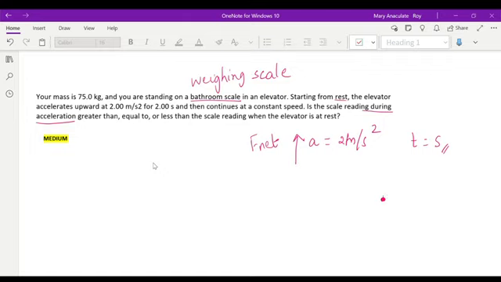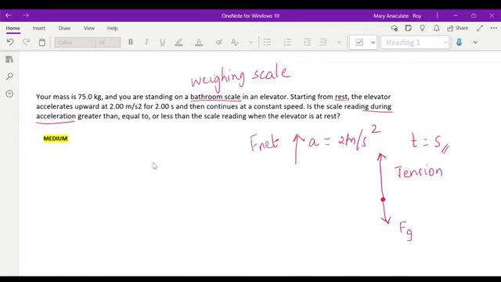So in this case, what's the force acting up? It's a tension force. We all know the lift is held by ropes, so there is tension acting up, and you have the force of gravity of the lift acting down.